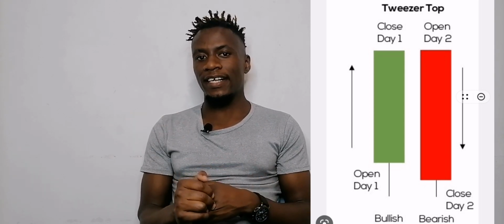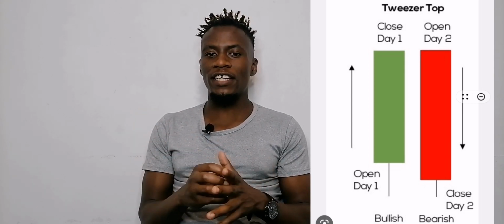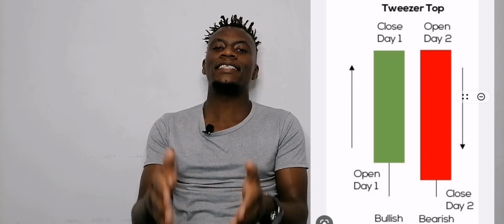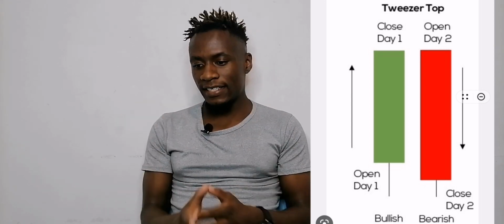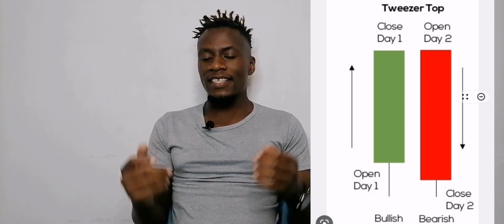As you can see on the screen, this is what comprises a tweezer top: the first candle is bullish, and the second candle is bearish, which indicates that the trend may be changing soon. Both the top and the bottom tweezers are only valid when they occur during an uptrend and a downtrend.